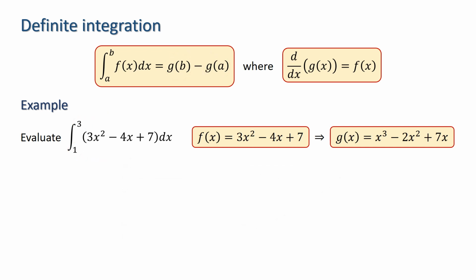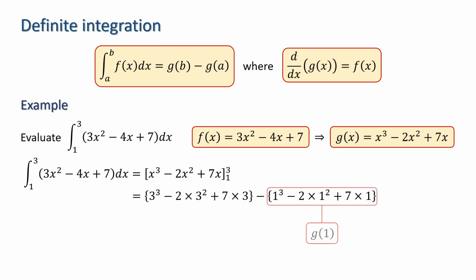The way we write this is as shown here. Notice the notation used. We have square brackets with our integrated function g of x inside the brackets and the limits 1 and 3 written outside the brackets. Now we need to subtract g of 1 from g of 3. The convention is to write this stage as a pair of curly brackets as shown here.